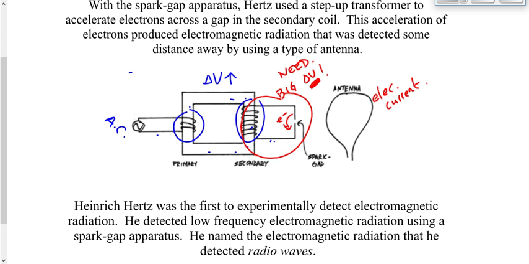Why do you think he would have used radio waves? Let's take a break from writing for a second. Why do you think he would have used radio waves? It's easier to make them, right? It's easy to make radio waves. All you need is an oscillating electric charge. You don't need nuclear decay. Now, not that he would have known that gamma rays required nuclear decay at the time, right?